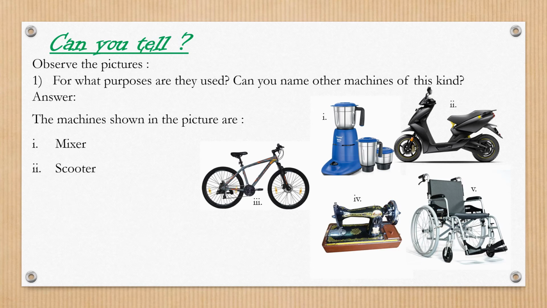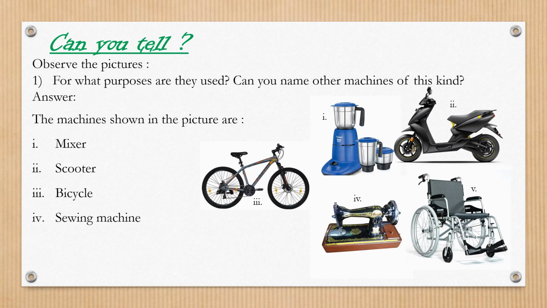Third picture is of a bicycle. A bicycle is used for traveling and it also serves as a means to exercise. And the fourth picture is of a sewing machine. A sewing machine is used to stitch clothes easily and comfortably. It requires less time as compared to manual stitching.